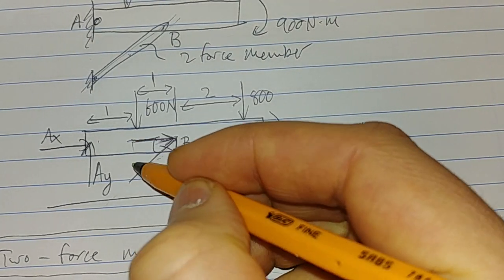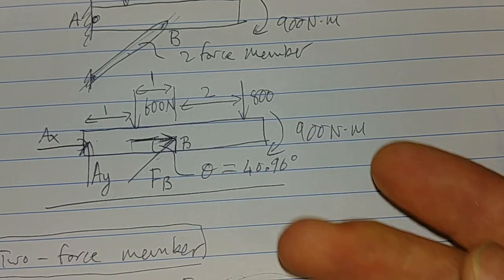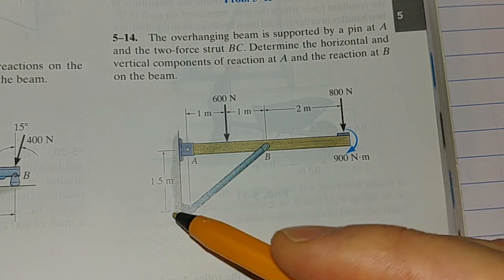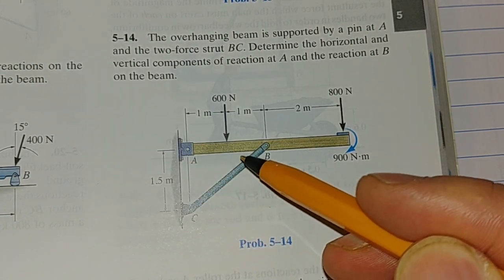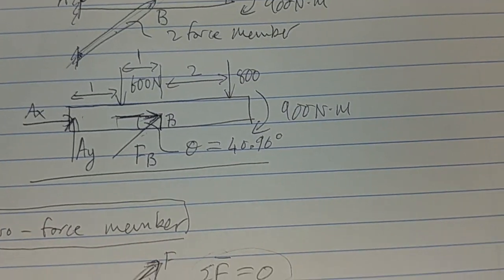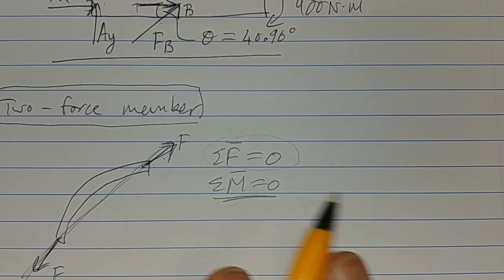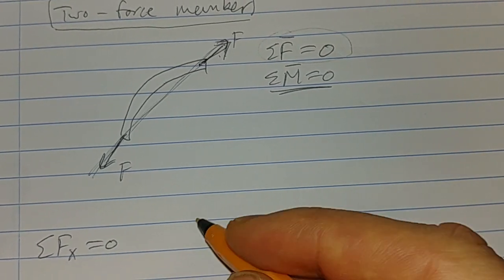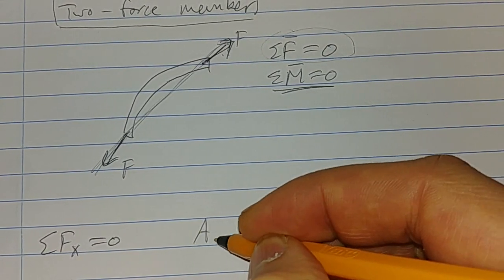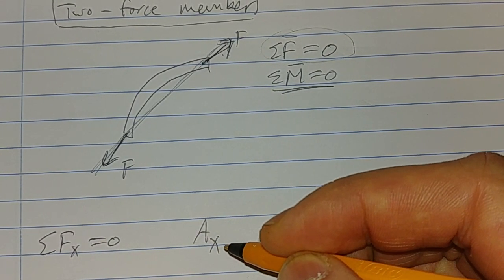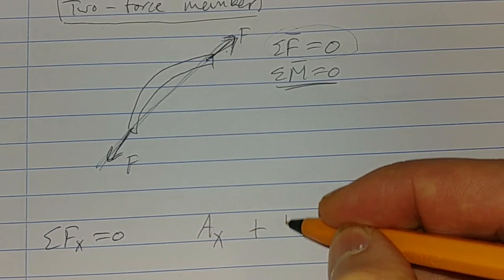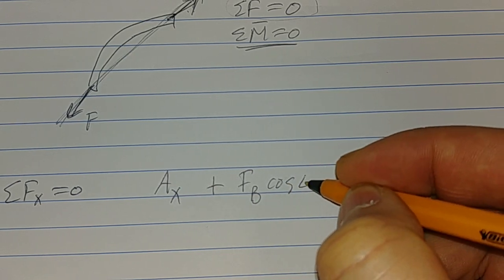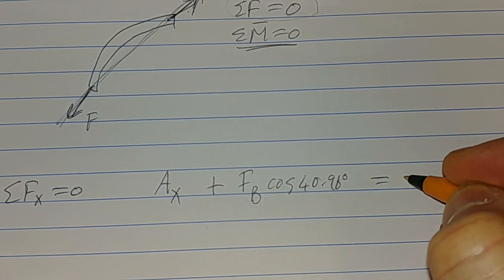You can work it out because this is 1.5 and that's 2, so you've got a right angle triangle. You can go calculate this angle, okay? I'm not going to go into that in detail. So we've got AX plus FB cos 40.96 equals 0.